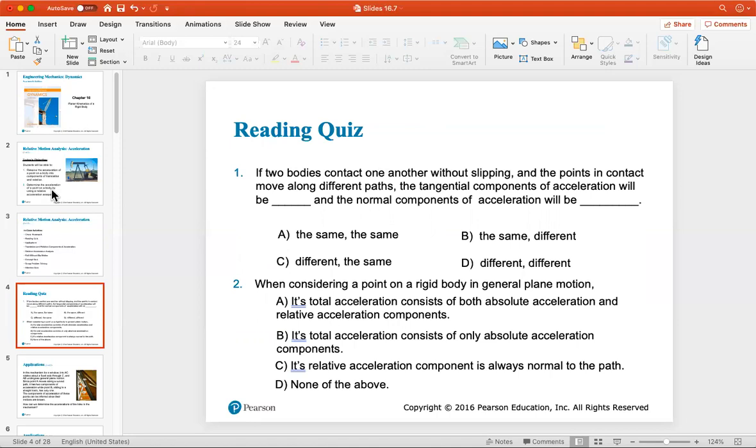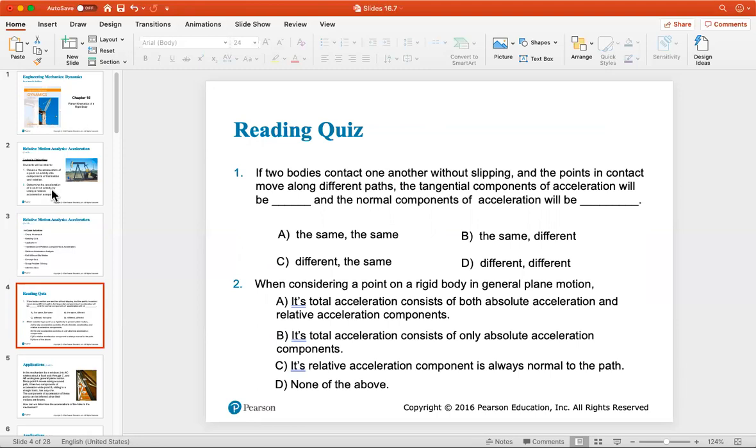If two bodies contact one another without slipping, and the points in contact move along different paths, the tangential components of acceleration will be the same or different. The normal components of acceleration will be the same or different. Think about it for a second.